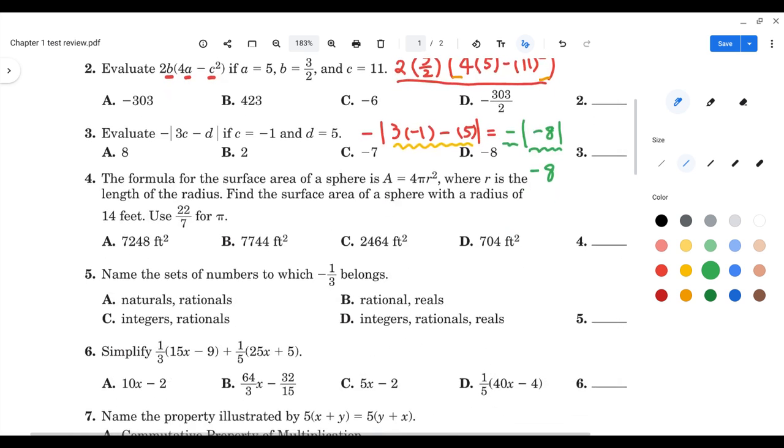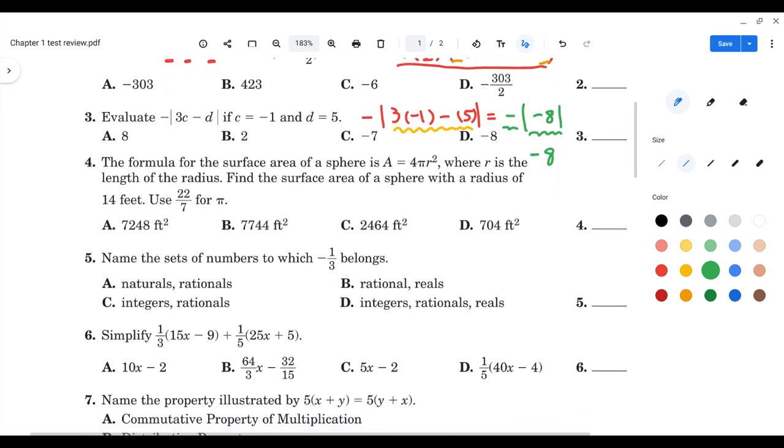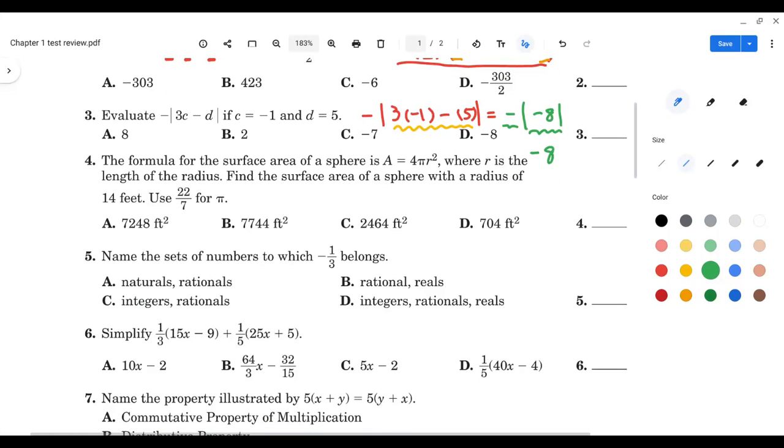Number 4, the formula for the surface area is that. So basically you plug in, replace the variable as well, where r is the length of the radius. Find the surface area of the sphere with a radius, so our r is 14 feet.